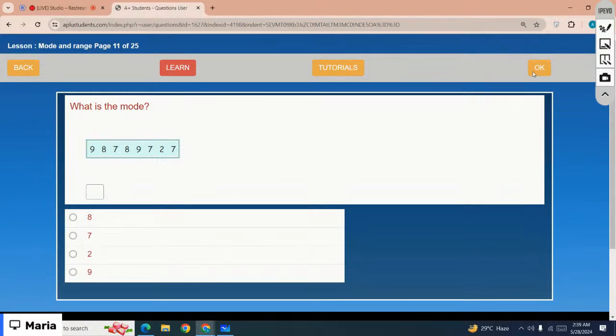What is the mode? Which is the correct option? The correct option is 7. The mode is 7.